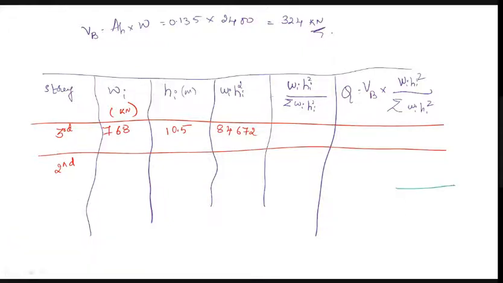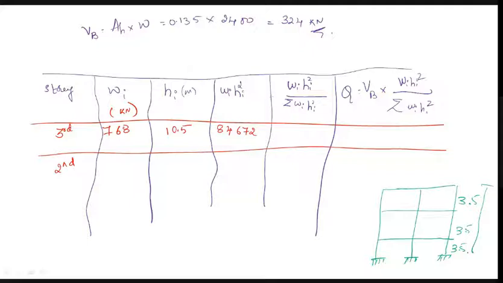I will draw the diagram here. This is 3.5, 3.5 and 3.5. The total height is 10.5. From here to here, the height is 7 meter.